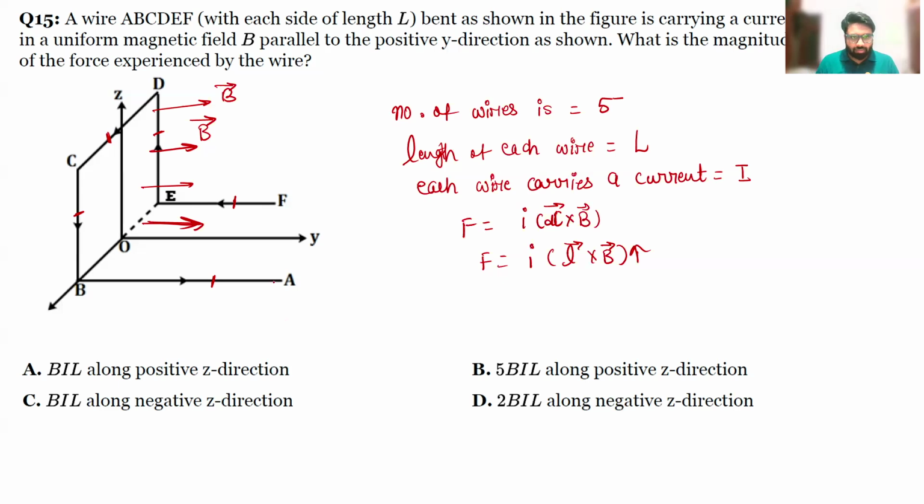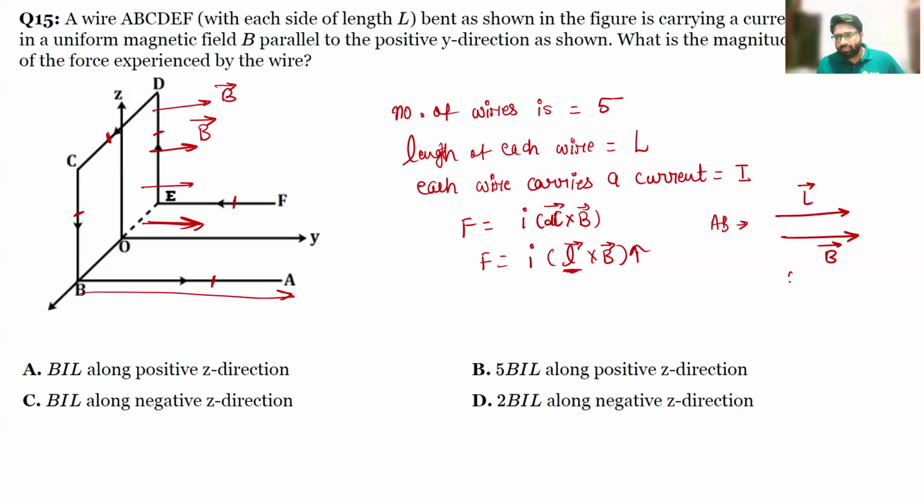So first of all, talking about wire AB. For this wire, the current element, that is the length vector, you always have to take in the direction of the current flow. For AB, the length vector is in this direction, and the magnetic field vector is also in the same direction.